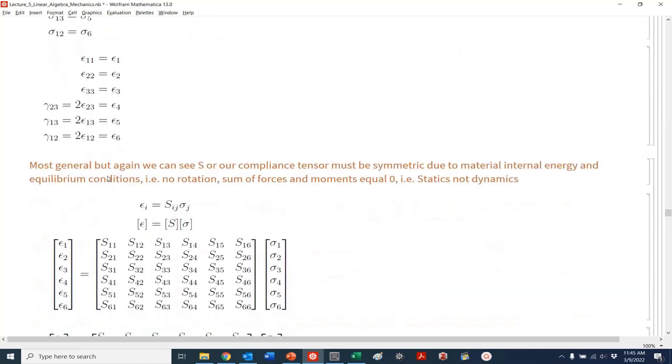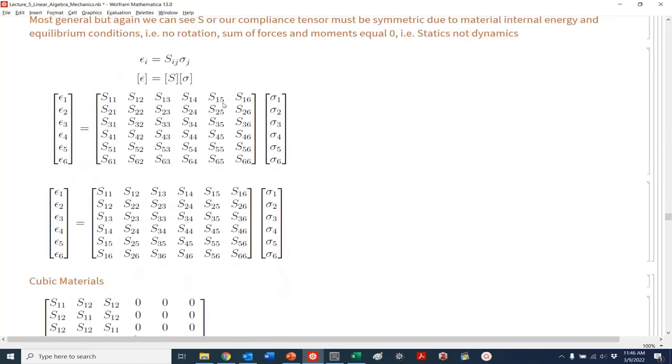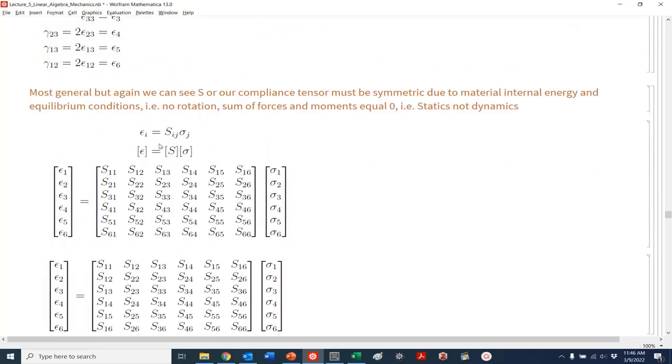So we can rewrite these, and again, we could write a linear algebra relationship between the two. I can write strain as a function of stress, and I can relate it by this 6x6 matrix. Because remember, I need the dimensions to make sense.